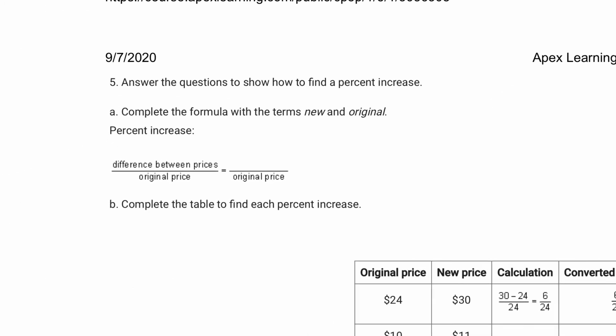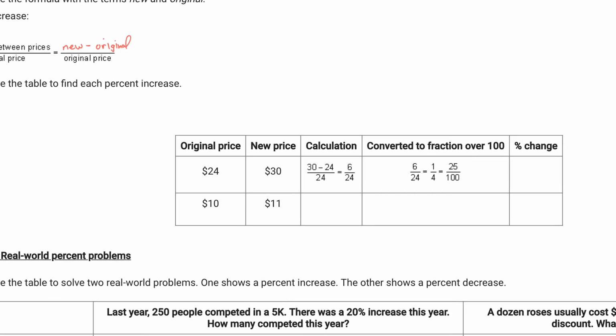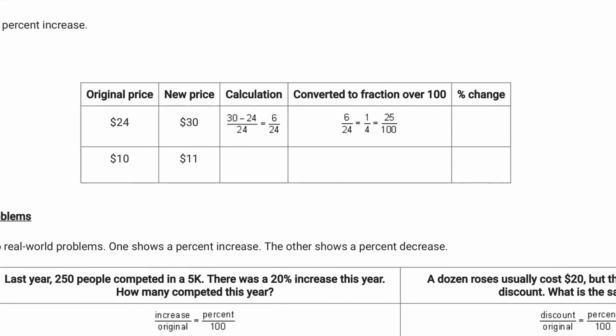As we have this here, we have complete the formula for the new and the original. And this would just be new minus original. And we can now go to this table here and do the same kind of thing.